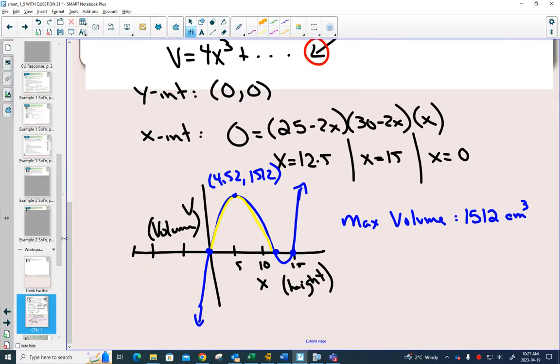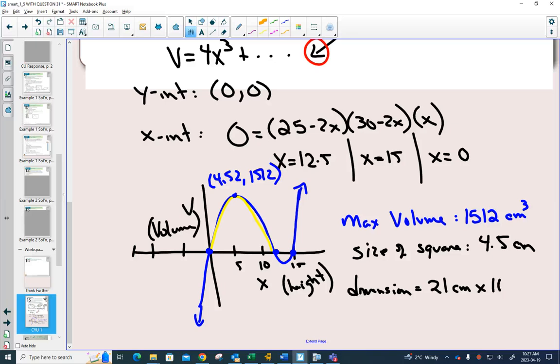So the size of the square is your x value, to the nearest tenth, 4.5, and then if we take that 4.52 and subtract it off of the 30, 4.5 times 2 would be 9, it'll end up being 9.04, so we can subtract 9 off of the 30 side will be 21. 9 off the 25 centimeter side would be 16. Yes, technically I should double check that.